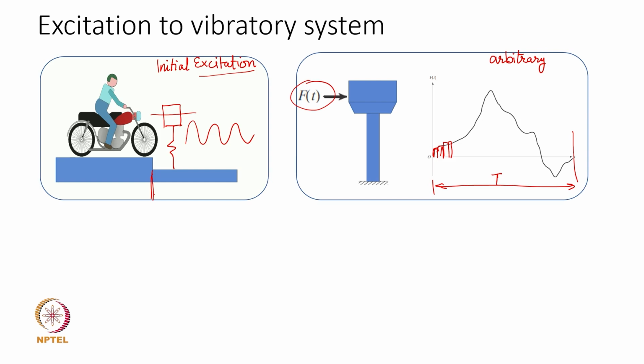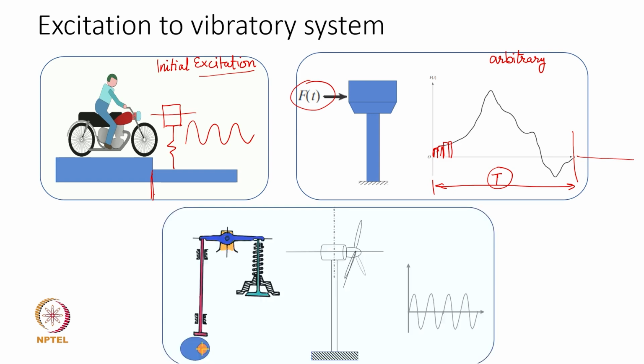The most important part is that this time is finite and the excitation does not really repeat. So, it is different from the initial excitation case, but it is definitely different than the other common types of excitation, mainly the excitation that is sustained.